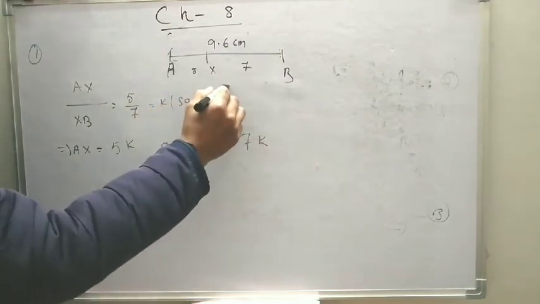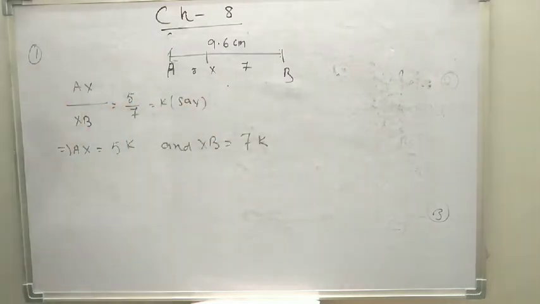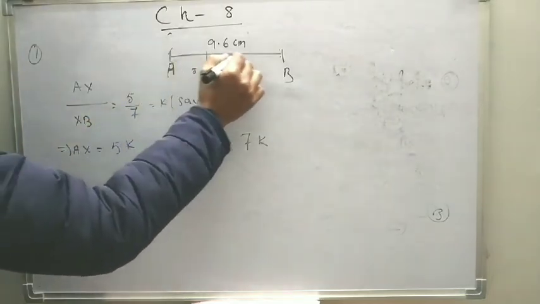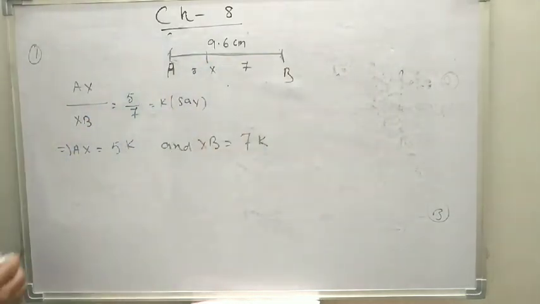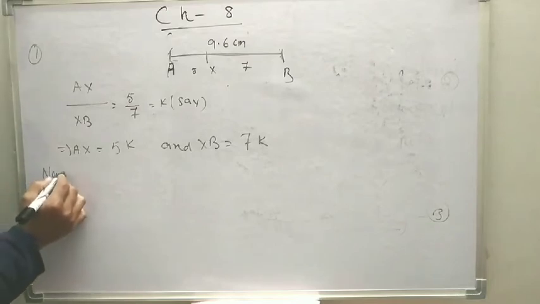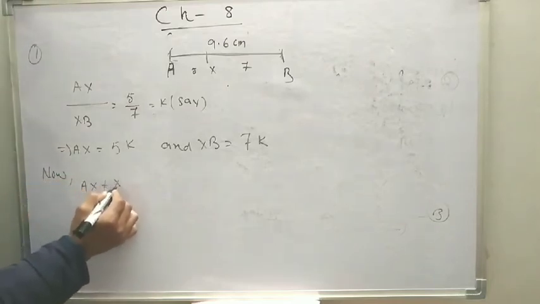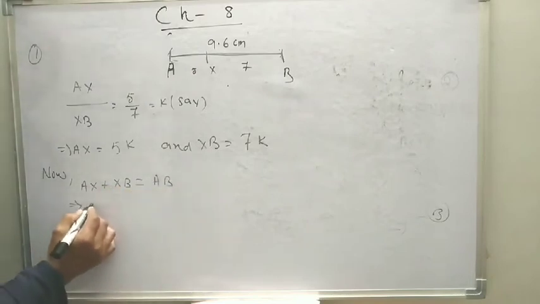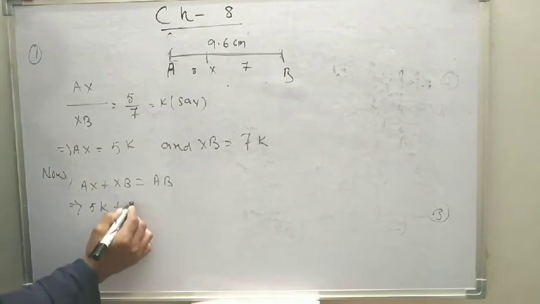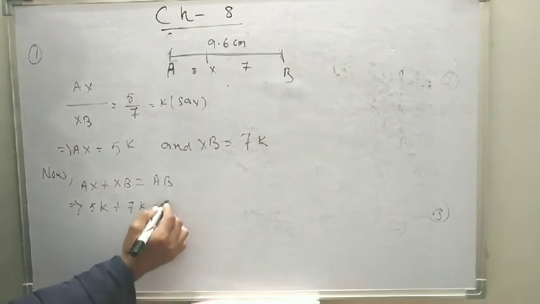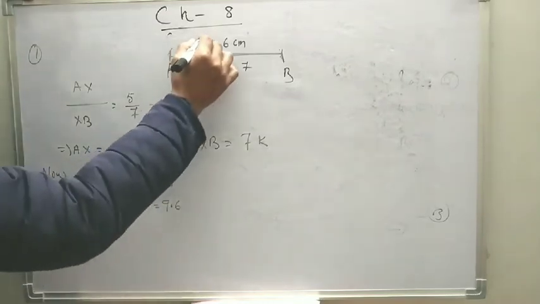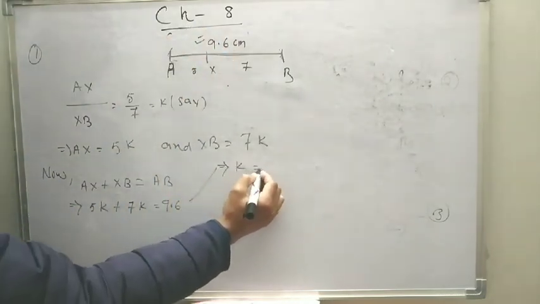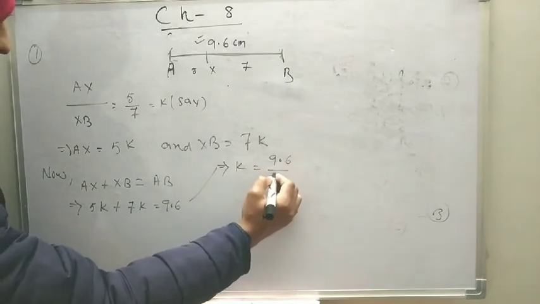We got this from theorem number 1. The total length of this line segment AB is 9.6 centimeter. So we can write AX plus XB is equal to AB. AX is 5k and XB is 7k, which is equal to 9.6. The AB is given. So from here we will get k equal to 9.6 divided by 12.